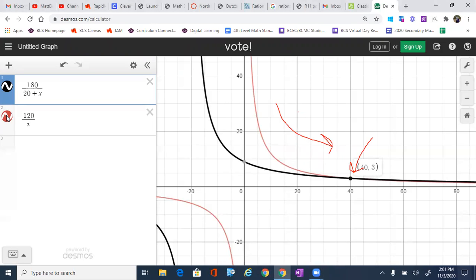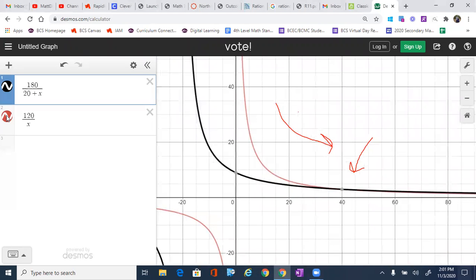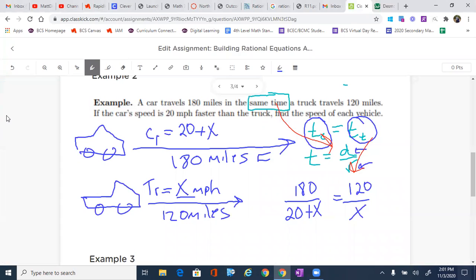And what it gives us is our X value of 40. So that tells us one of them must be going 40 miles per hour. We were solving for X, and that was 40 miles per hour.